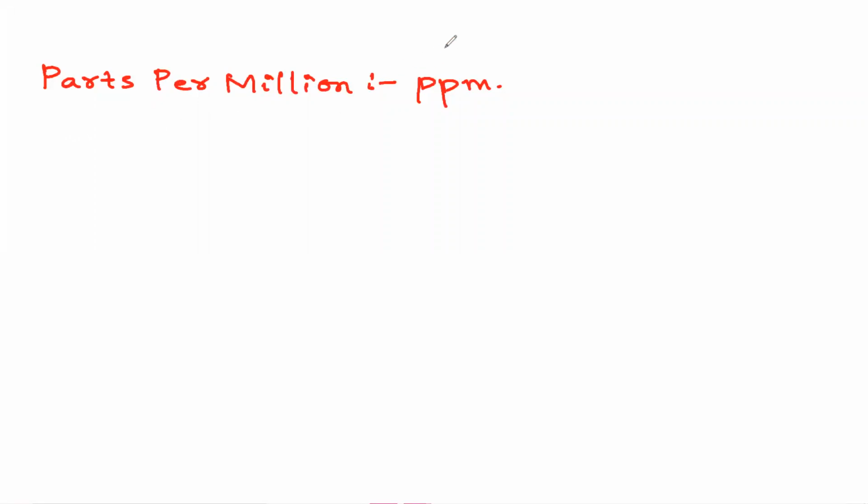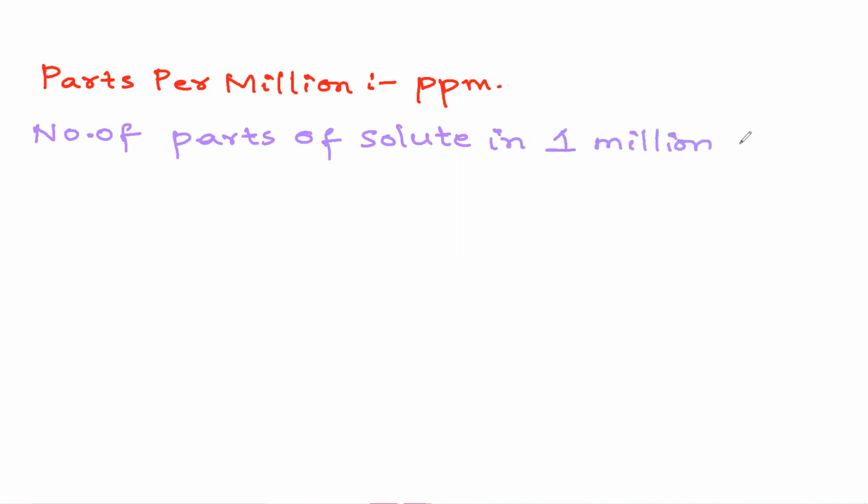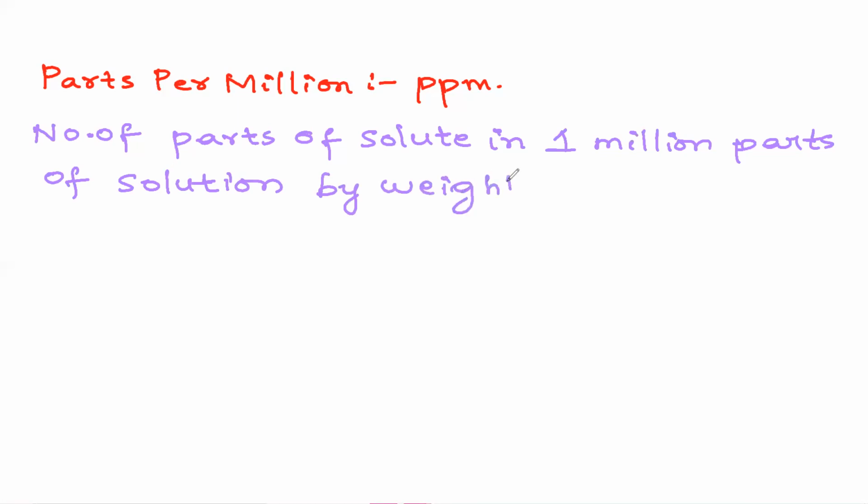The number of parts of solute in 1 million parts of solution by weight is called parts per million, ppm.